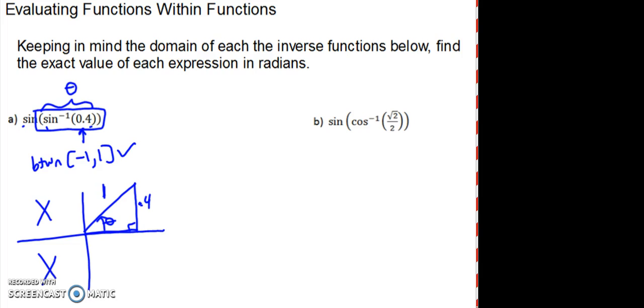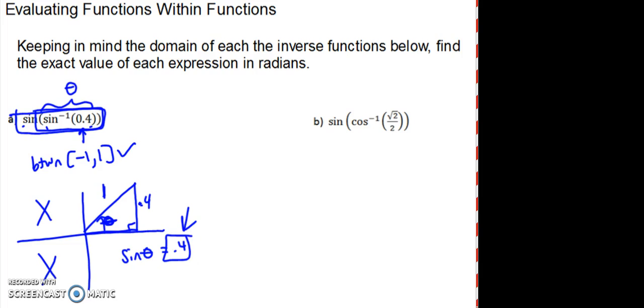So if I take the sine of whatever that angle measure is, what's the ratio of the sides it's going to give me? The ratio for the sine of this angle is opposite to hypotenuse, which is 0.4 to 1. So in this case, the sine of the arc sine of 0.4 does turn out to be the number 0.4.